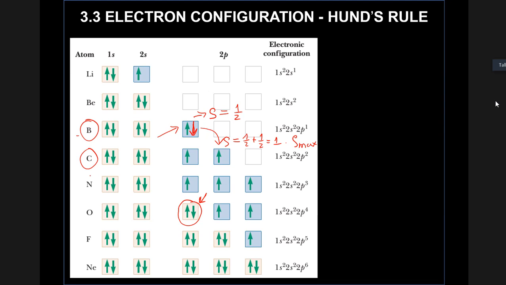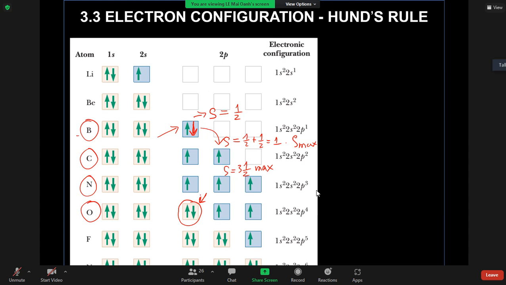And in nitrogen, you can see that S equals 3 multiplied by a half. So S in this case is also maximum. Yes, and then if you have one more electron in oxygen, this electron will occupy this orbital.